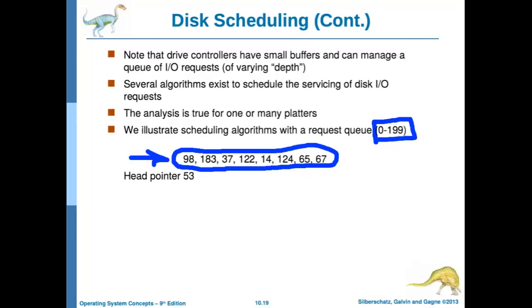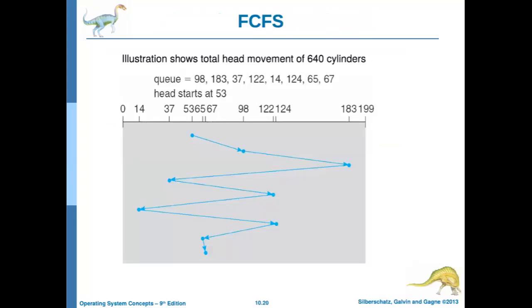Obviously, as usual, our first algorithm is first come, first serve. Let me explain, because the answer is given at the very start: 640 cylinders is the head movement required.